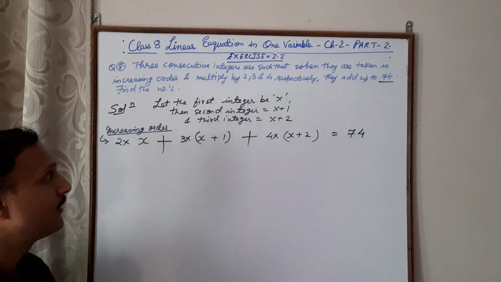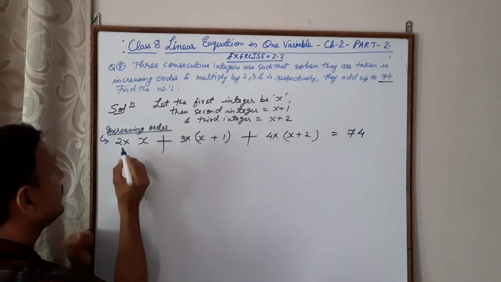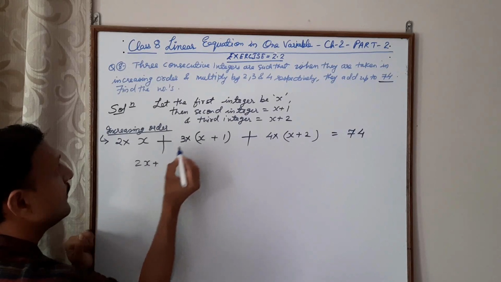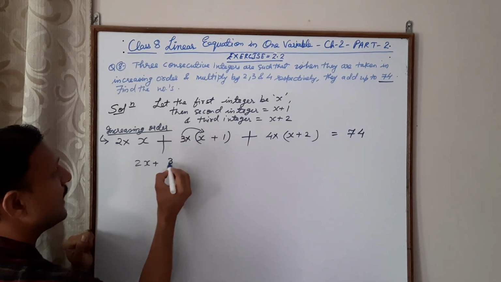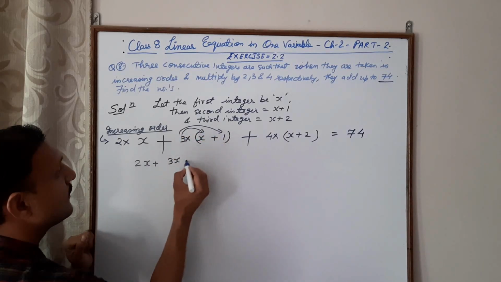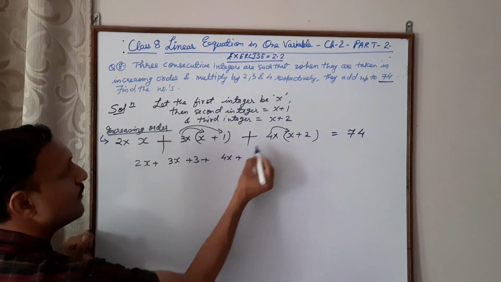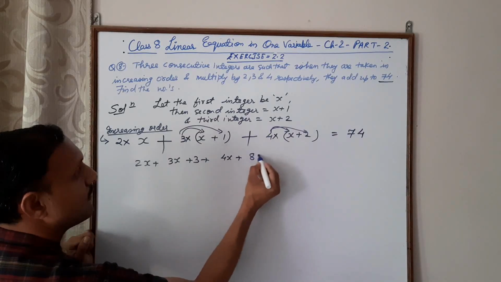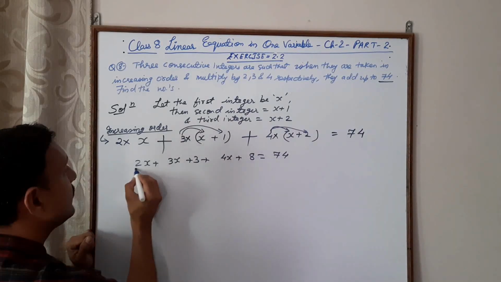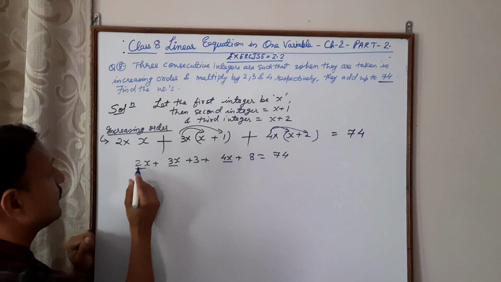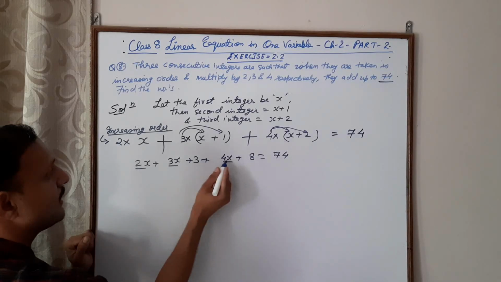Now let's solve. 2 into x, 2x. 3 into x, 3x, and 3 ones are 3. 4 into x, 4x, and 4 twos are 8, equals 74. 2x, 3x, 4x: 2 plus 3, 5, 5 plus 4, 9. Collecting like terms.